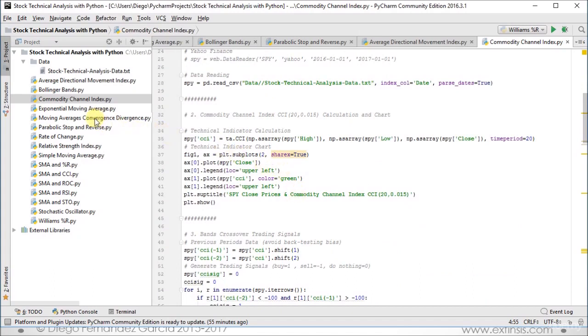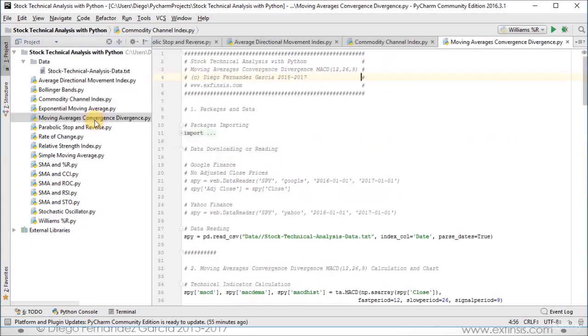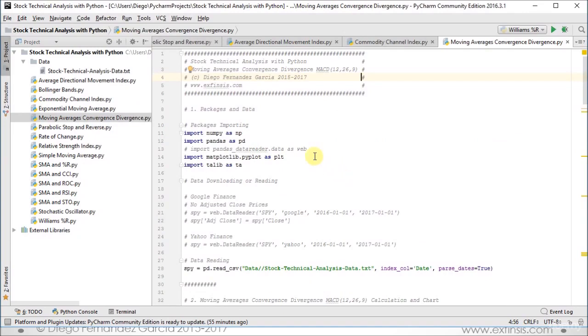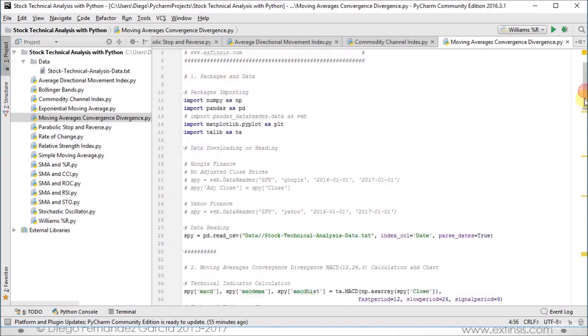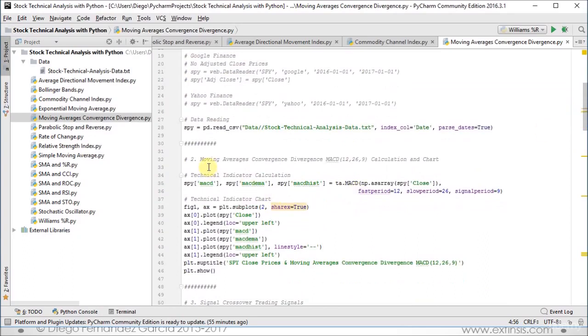Next, it will be time to study moving average convergence divergence or MACD. For this, we'll first do packages importing, data reading by default, and then we'll calculate the MACD, its MACD EMA or signal, and then the corresponding MACD histogram. Then we'll do the chart of prices and below the corresponding oscillator.